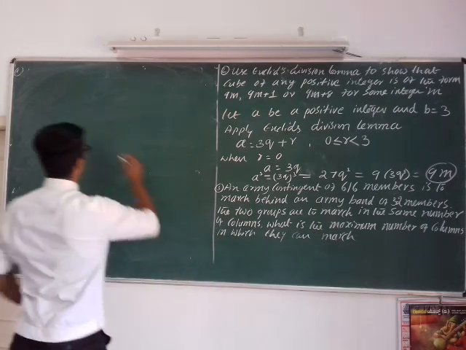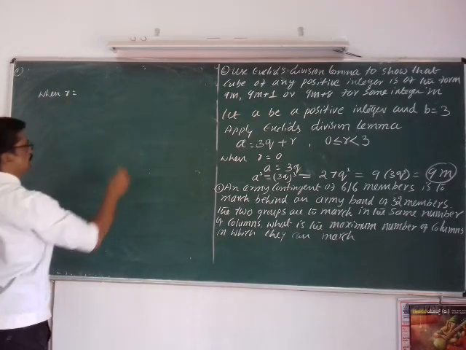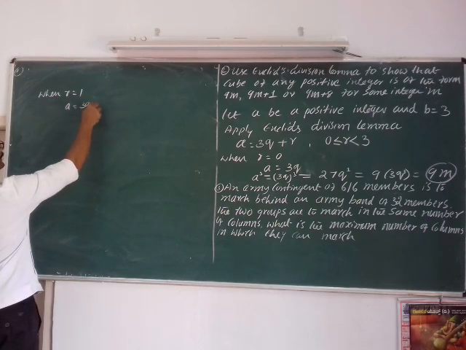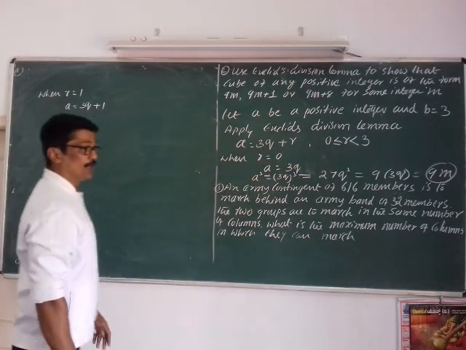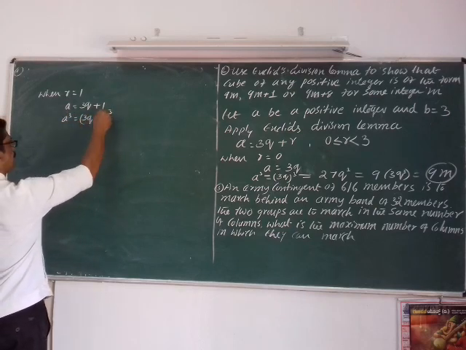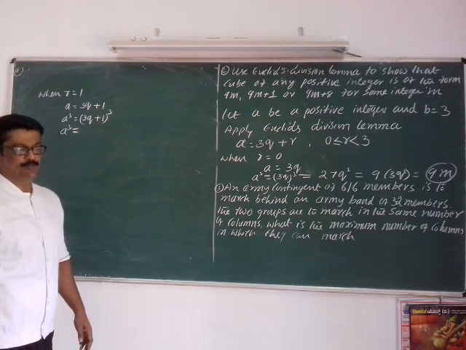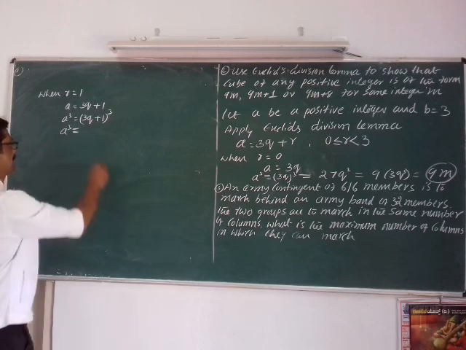When r is equal to 1, so a equals 3q plus 1. We have to cube this number. So a cube is equal to 3q plus 1 whole cube. Apply the identity: a cube plus b cube plus 3a square b plus 3ab square.